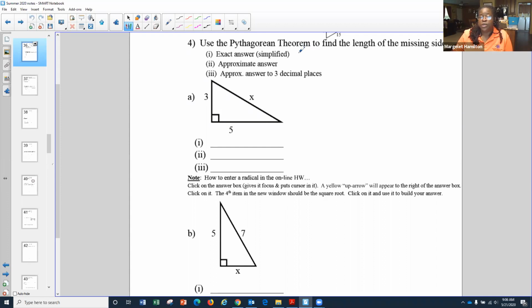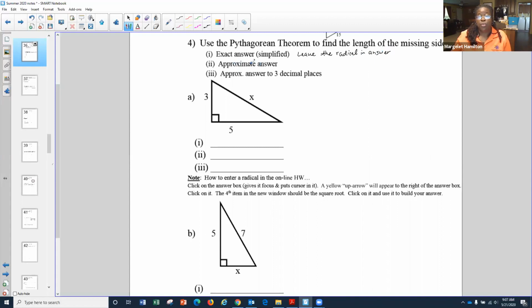So leave the radical in your answer, if it applies. Now, if it's perfect, then you don't have to worry about it. But if it's not, then you're going to simplify the radical. You may have that in there, leave it.